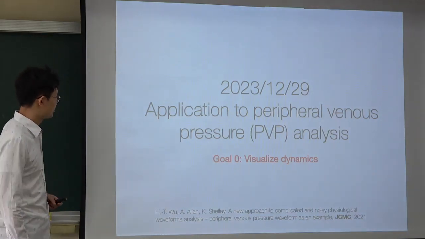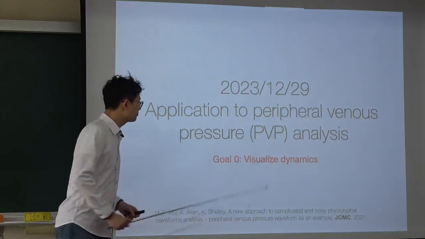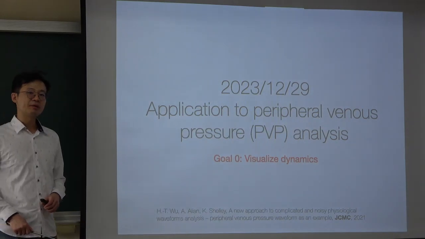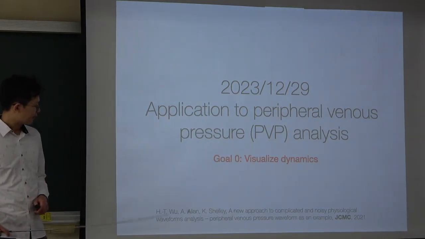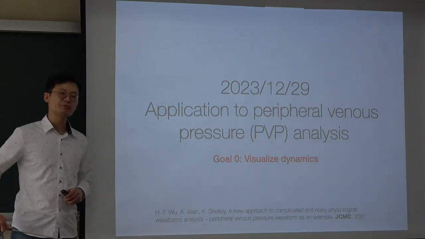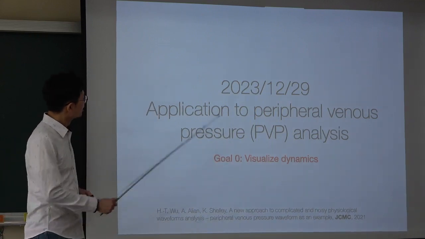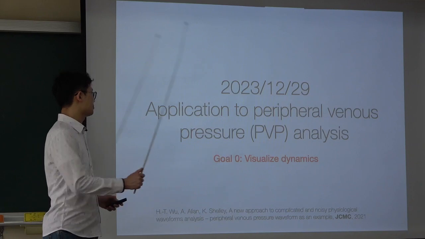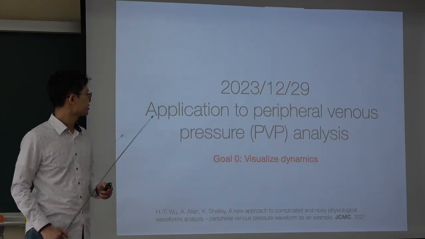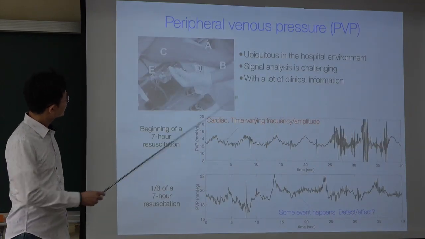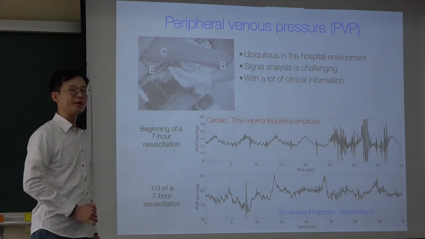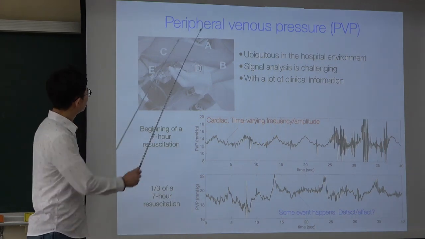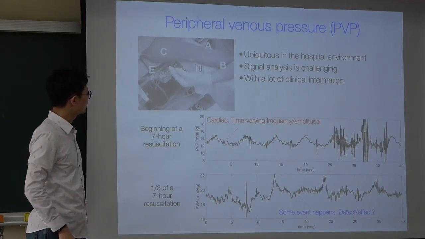The first one will be the application to the peripheral venous pressure signal, the PVP signal. And this is the reference of the result shown in this part. The focus of this application will be visualizing dynamics. So this is the slide I have shown you in the first session, which is about the peripheral venous pressure signal.